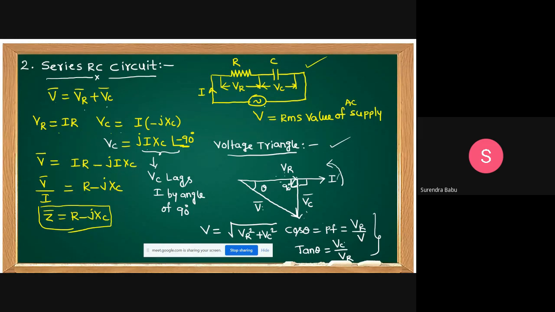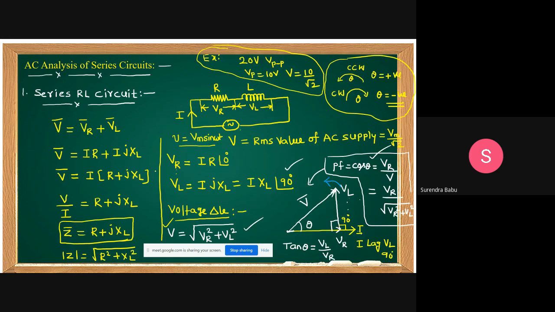A point to remember, friends: if V equals Vm sin omega t, and the question asks for Im, then Im equals Vm by Z, where Z is the square root of R square plus XL square for the RL circuit.